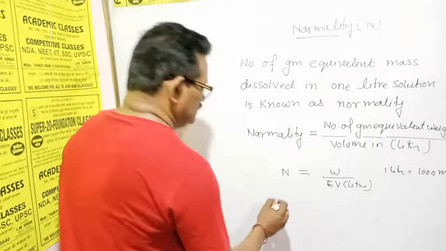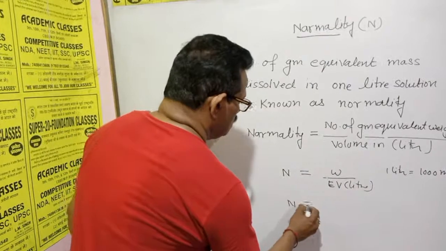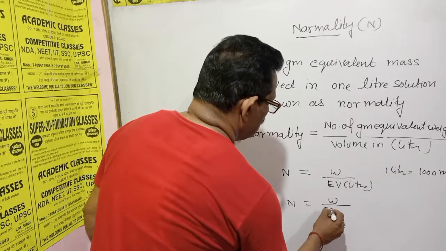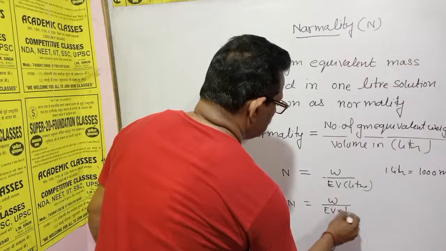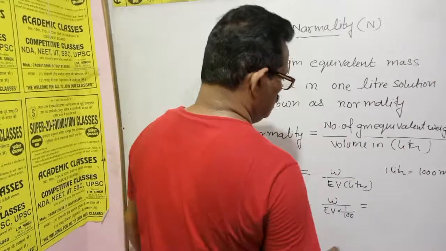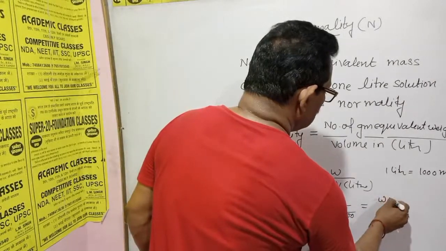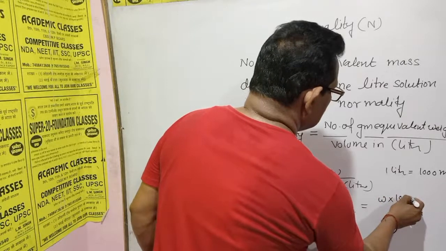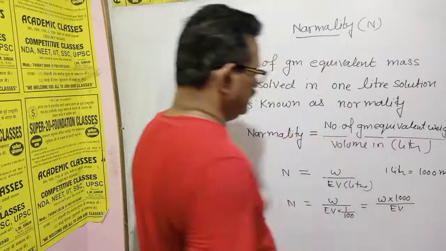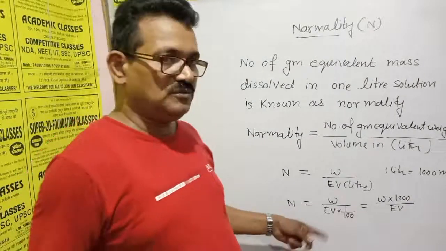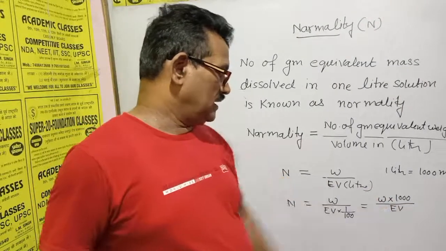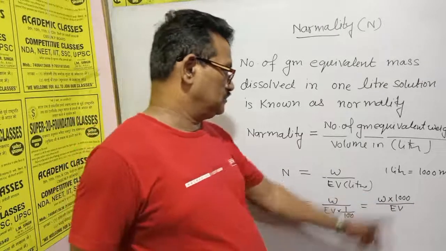Then N is equal to small w upon E, into 1 upon 1000. Then 1000 goes to the numerator, meaning small w into 1000 upon E into V. Okay, this is the normality formula in terms of weight, gram equivalent weight and volume.